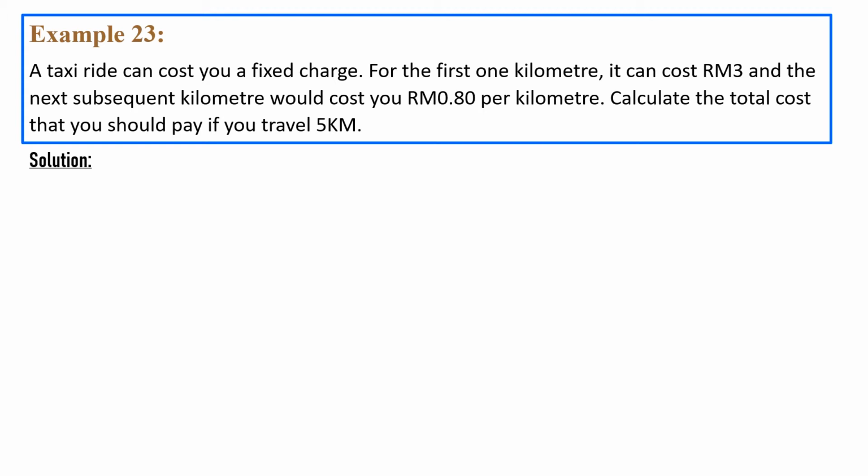First of all, we need to take out the important information here. We are given the first kilometer is 3 ringgit and the next subsequent kilometer is 80 cents. So, we have T1 equal to 3 and d equal to 0.8. We know that it is an arithmetic progression.